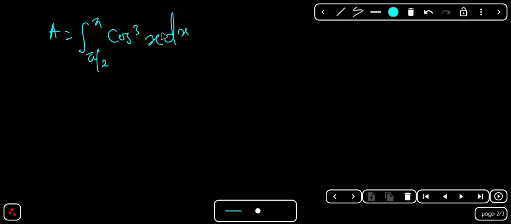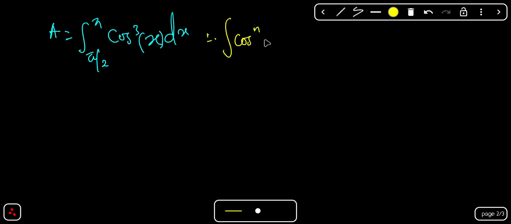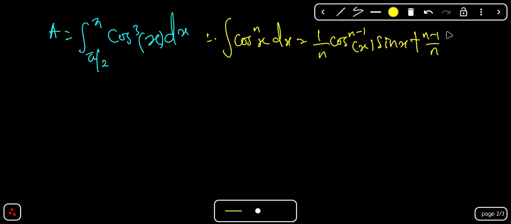dx. All right, now let me remind us the reduction formula. Using the reduction formula, we know that the integral of cos^n x dx is equal to 1 over n multiplied by cos^(n-1) x, then multiplied by sin x, then plus (n-1) over n multiplied by the integral of cos^(n-2) x dx.